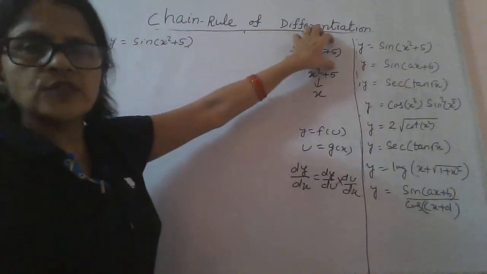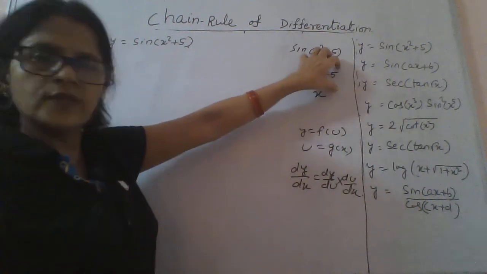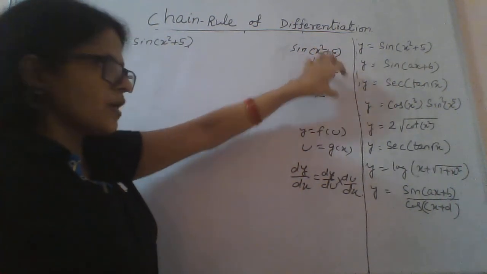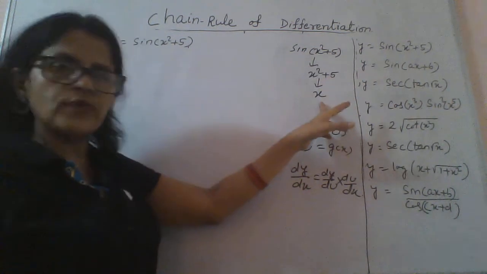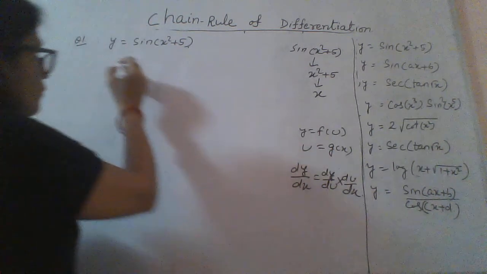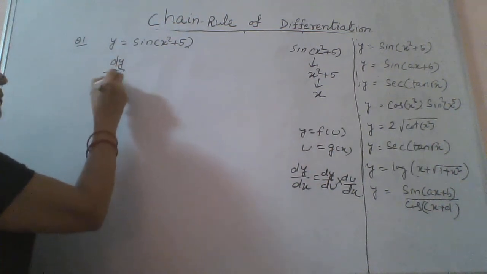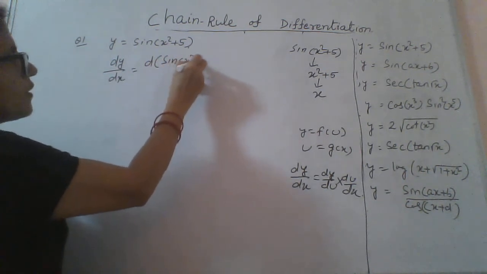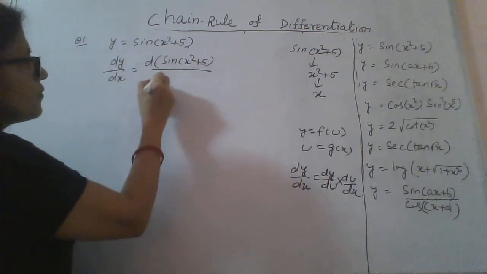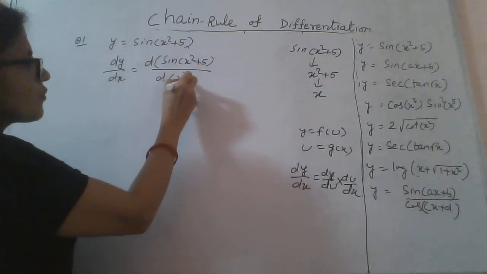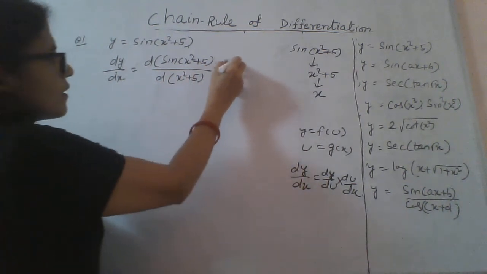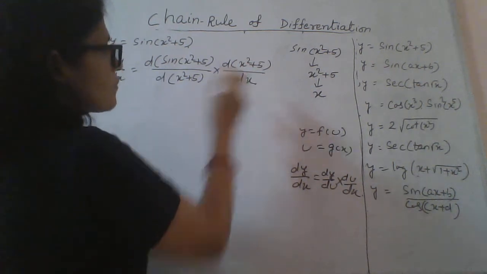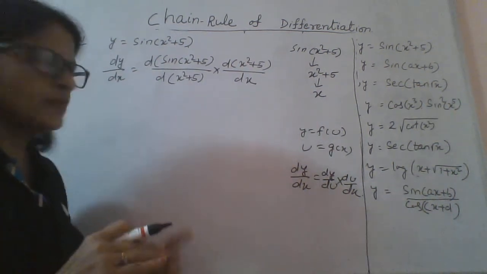So sine of x square plus 5 with respect to x square plus 5, then the differentiation of x square plus 5 with respect to x. So while getting dy by dx, it is the derivative of sine of x square plus 5 with respect to x square plus 5, into the derivative of x square plus 5 with respect to x. Now you see how easy it is.